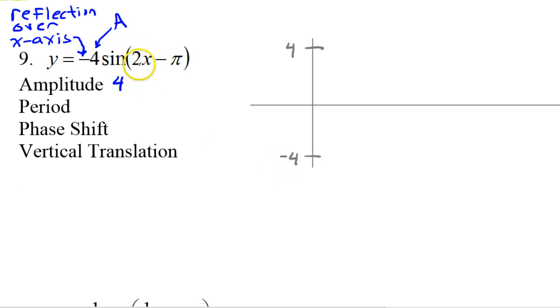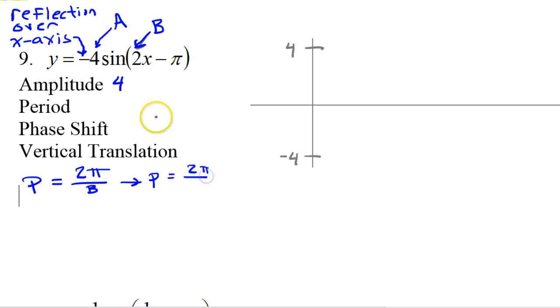Now, I see I have a b value sitting here. My b value is 2. The b value tells me what the period is going to be doing indirectly, because the period is always going to be 2 pi divided by the b value, which means that the period is going to be 2 pi divided by 2, which tells me that the period is just pi.